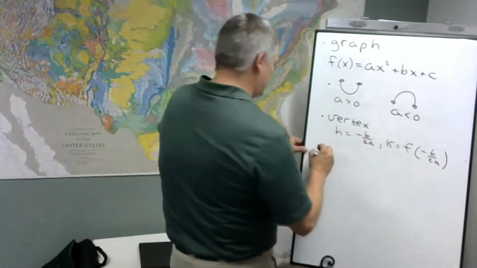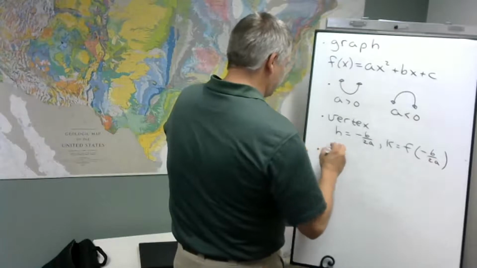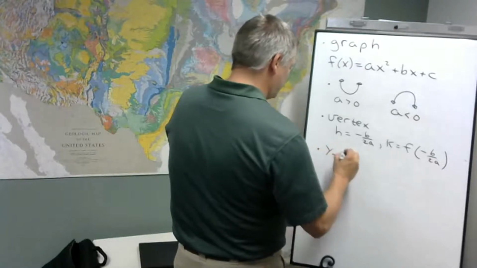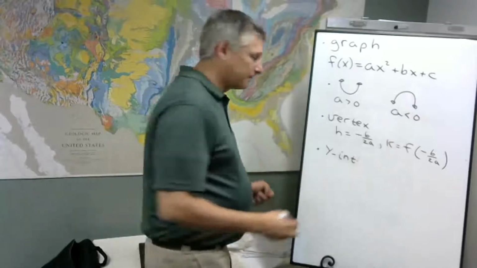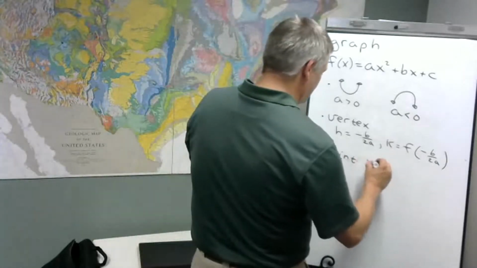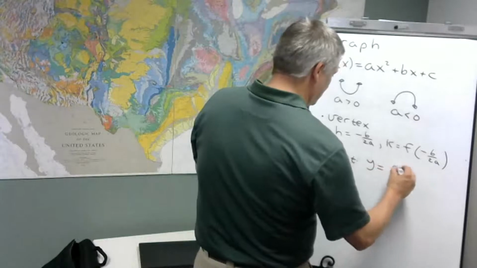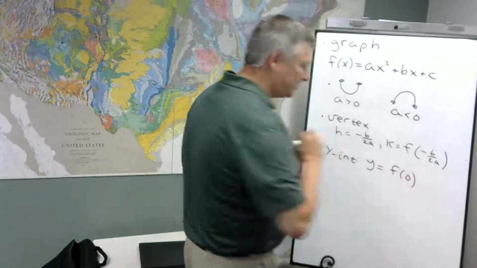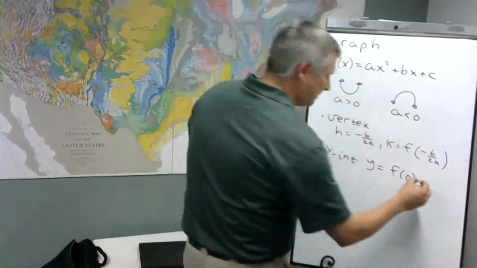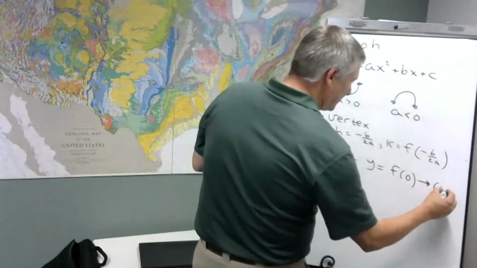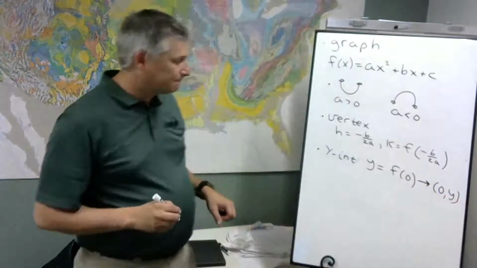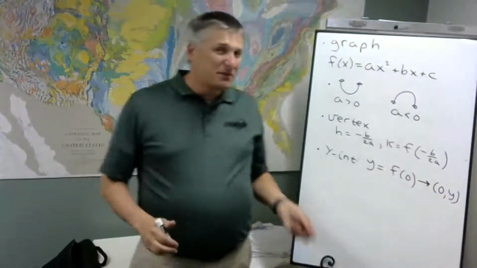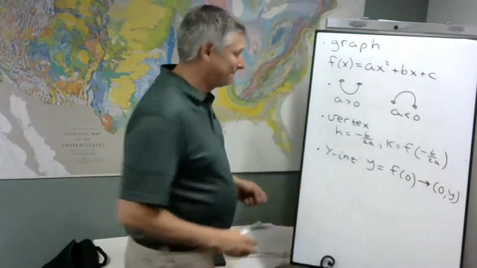Then we want the y-intercept. The way you find the y-intercept, just compute f of 0, and that will give you a y-intercept of 0, comma y. Now the x-intercept gets a little complicated.